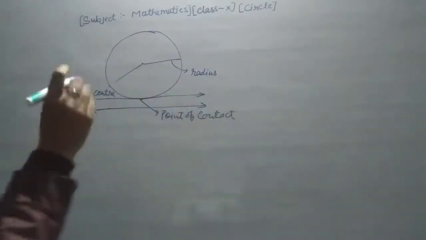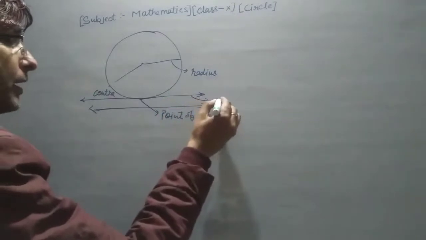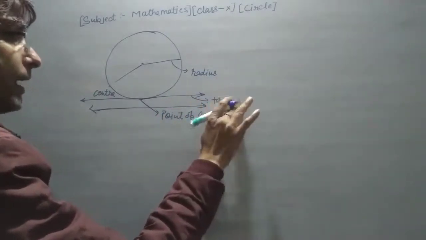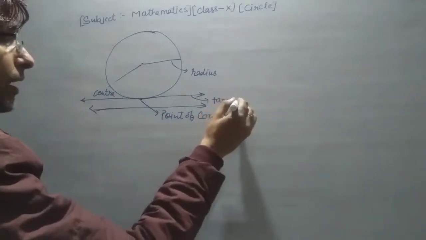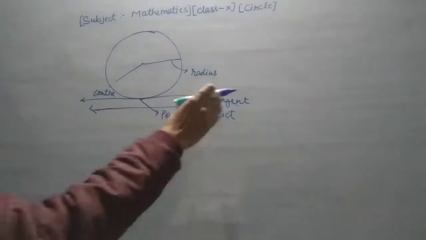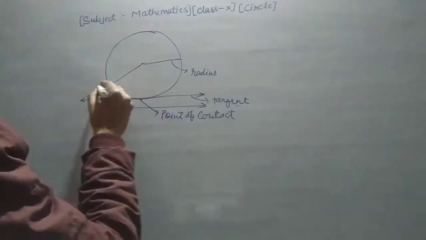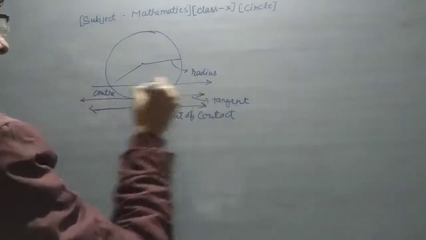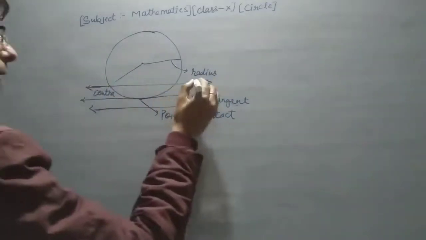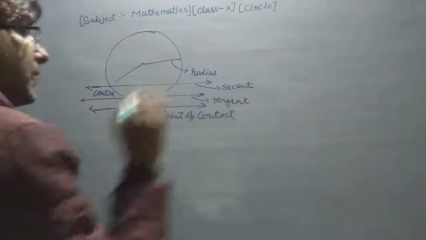Okay, and also students, this line is known as a tangent here. Okay, so the line that touches the circle at a point is known as a tangent. When this line is moved and converted just like that, this is known as a secant here.